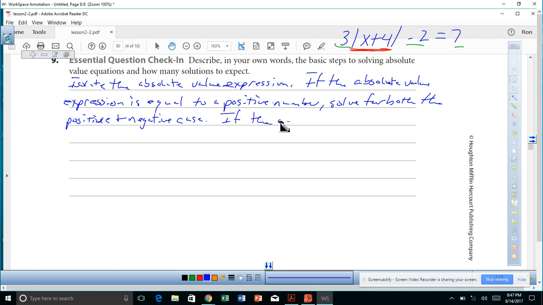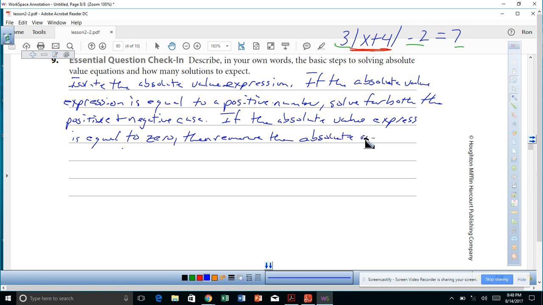If the absolute value expression is equal to 0, then remove the absolute value bars and solve the equation.